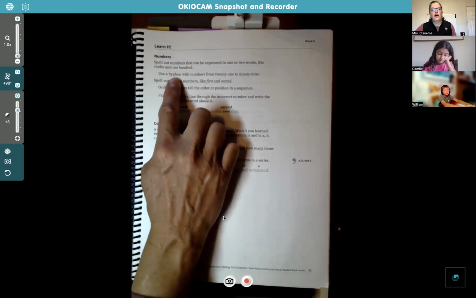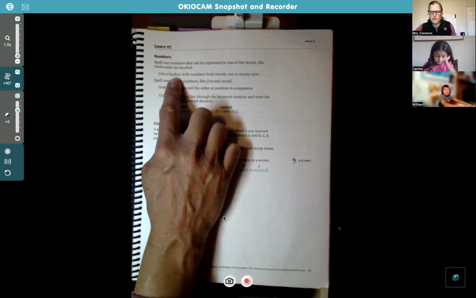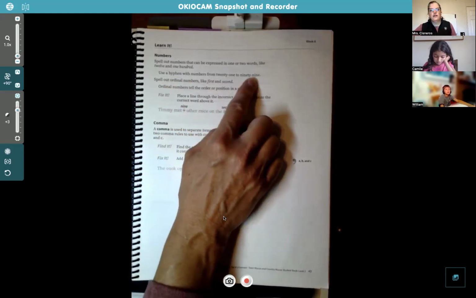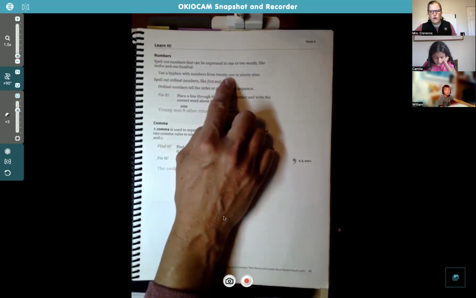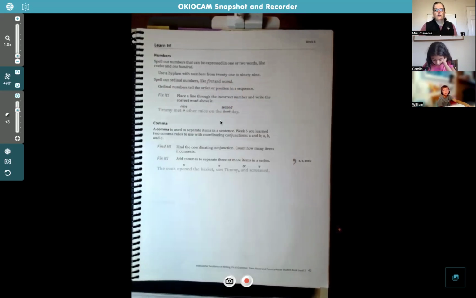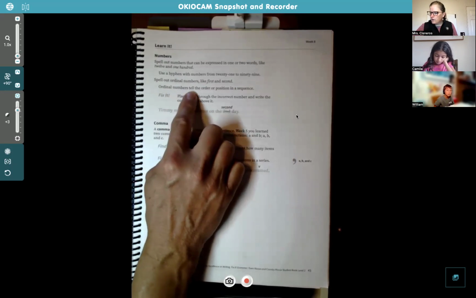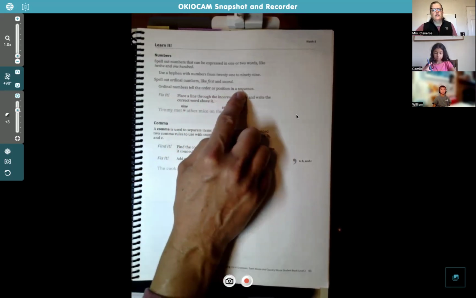It says use a hyphen, and a hyphen is the same thing as a dash, with numbers from 21 to 99. So anything from 21, 22, 23, 24, all of those have a dash or a hyphen in the word. Okay, that's how you write those out. Ordinal numbers tell the order or position in a sequence.